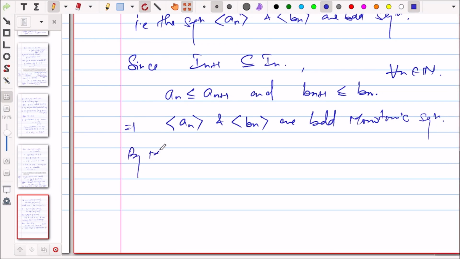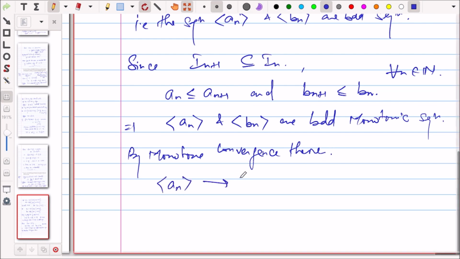So an converges to say a, and bn converges to b. Both are bounded monotonic sequences, so both are converging. Now an converges to a, bn converges to b.